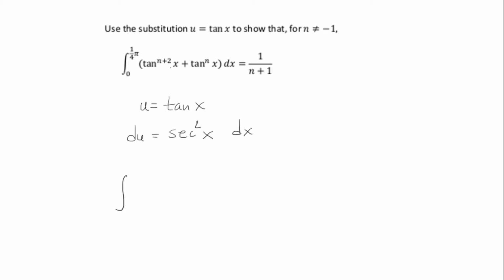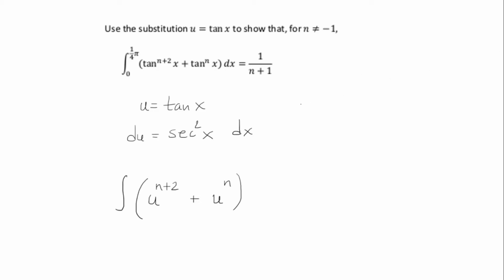So I have tangent of x raised to the n plus 2 power. So I'm going to replace tangent with u, and I'm going to have that to the n plus 2 power, plus tangent to the n, I can just write that as u to the n. Now dx is a little tricky. So far I have du is equal to secant squared dx.